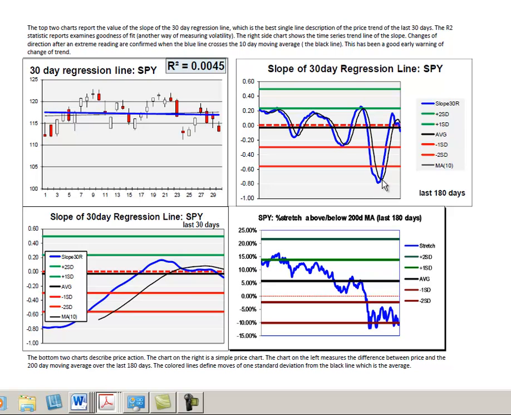That was after a 3.5 standard deviation move from the peak of the sell-off, which you can see arrayed here with price relative to the 200-day moving average. We're still at a 2 standard deviation excursion below average, and in this case it's below the dotted red line, which is the 0 line. So we're still hovering on the edge of disaster. In other words, the disaster hasn't occurred yet.